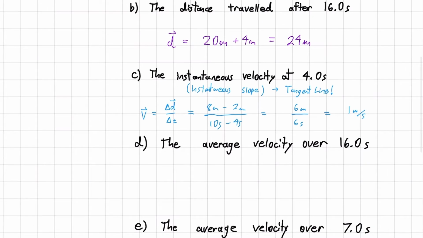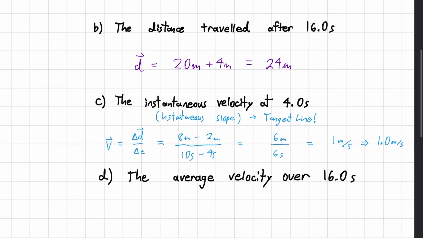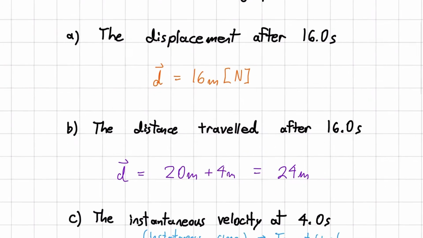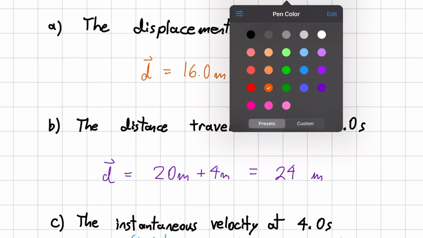So it just so works out we're doing exactly 1 meter per second. One more important step, if we look at the question here, there's 2 significant digits, so we want to have 2 significant digits in our answer. So 1.0 meters per second. And if we're looking at our previous ones, we should actually make that change as well. Since the questions have 3 significant digits, our answers also should have 3.